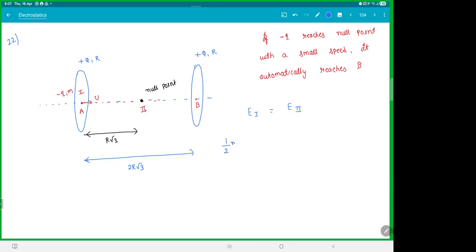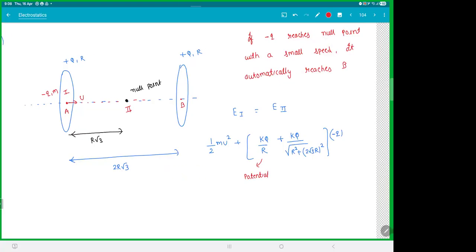So initially, kinetic energy half m u square plus, what is the potential at the center of the ring? kQ by R, that is due to your own ring, plus kQ by, there is another ring also, root of R square plus 2 root 3 R square, into minus Q. This is the potential due to A and that is the potential due to B. When you say potential at a point, it is due to everyone present in the space.